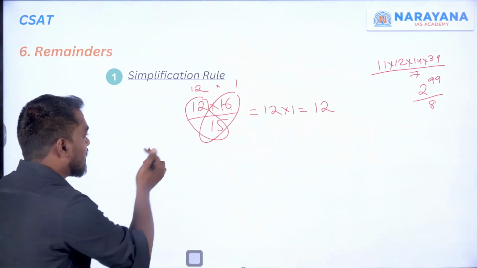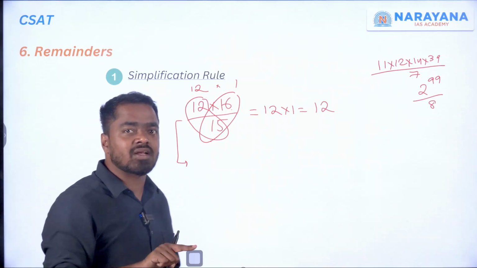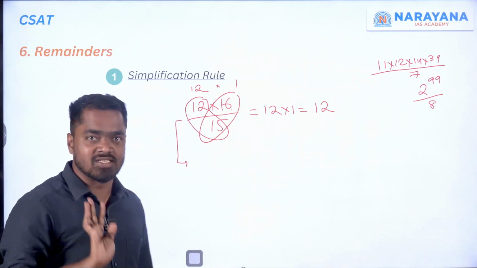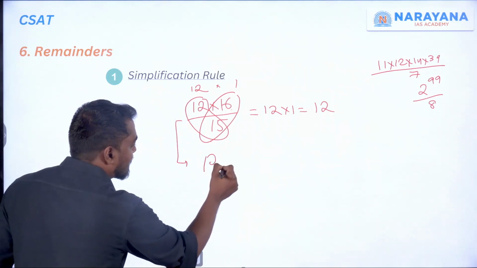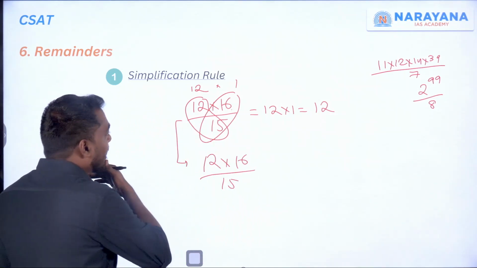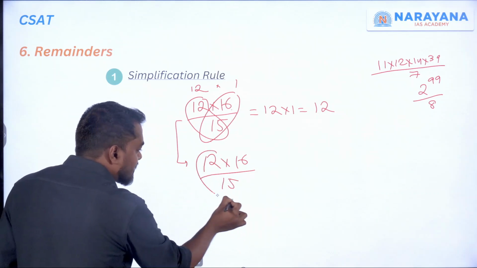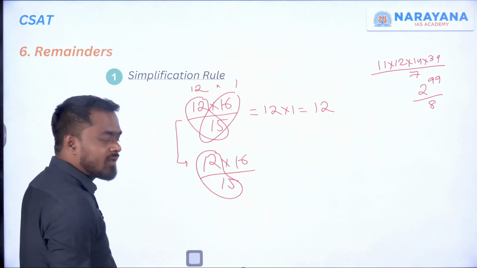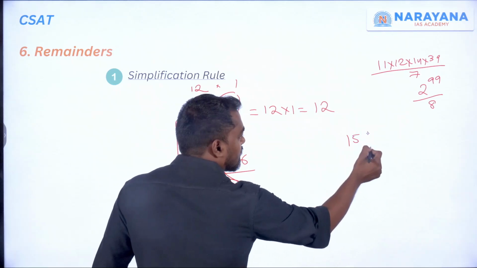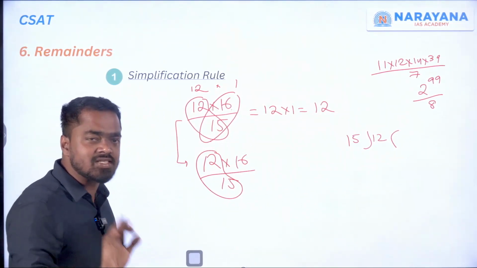Okay. Now, if you apply the negative remainder concept, it will become more easy. How? Take 12 into 16 divided by 15. If you take the division of 12 and 15, 15 zeros are 0, 12 is the remainder.